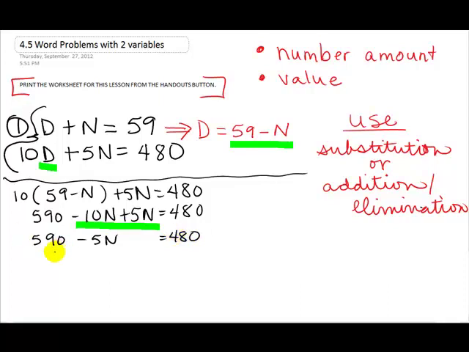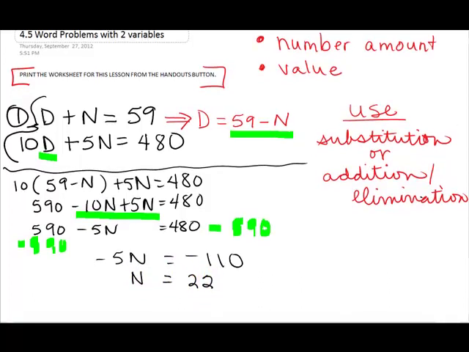Then we want to move the 590 over. So we're going to minus the 590. And so we're going to end up with a negative 5n equals a negative 110. Divide by that negative 5, and n is going to equal 22.